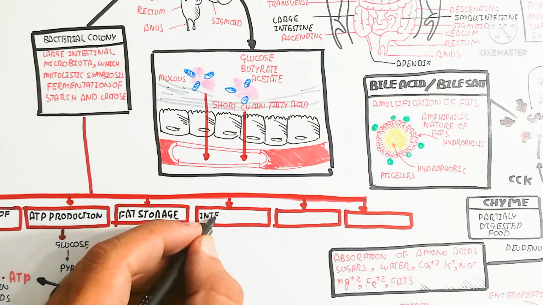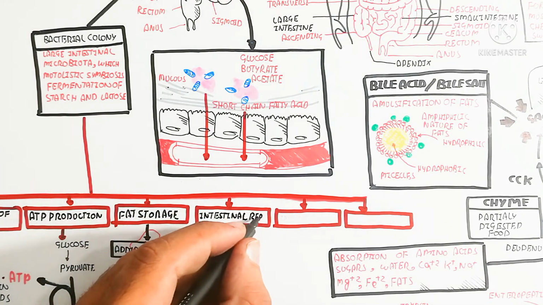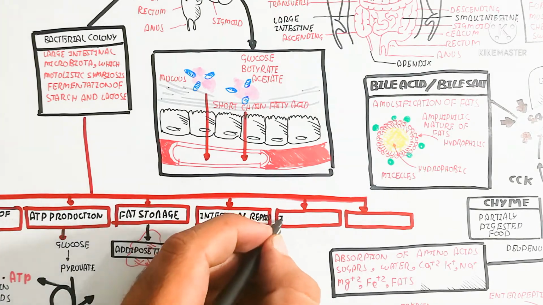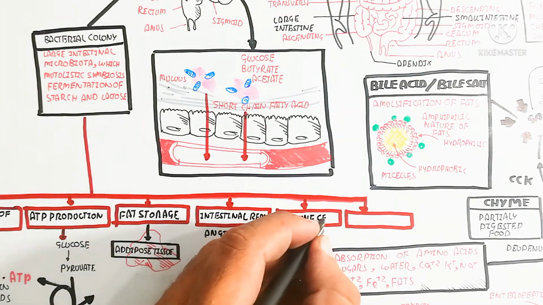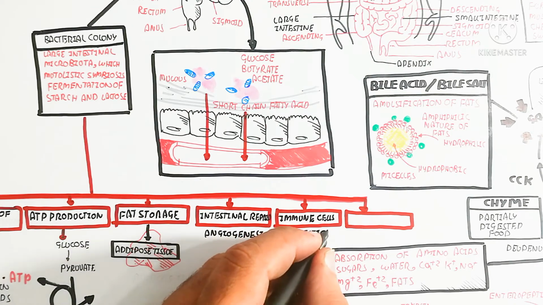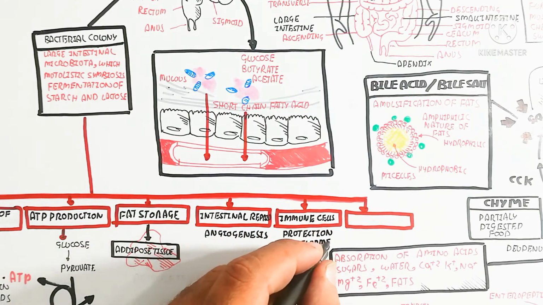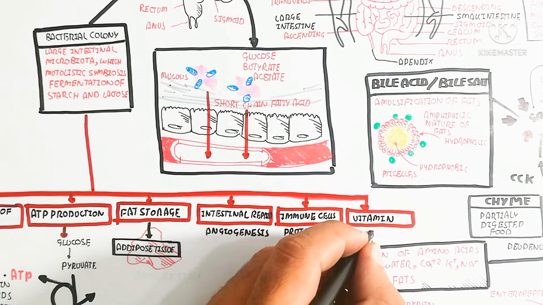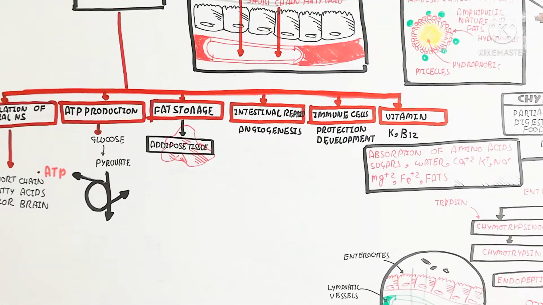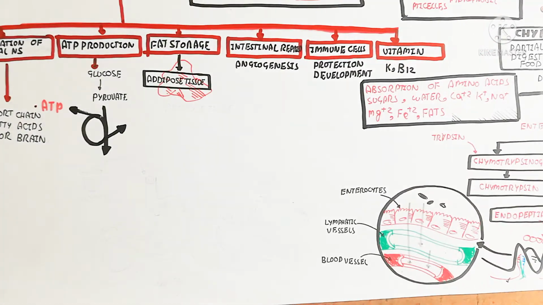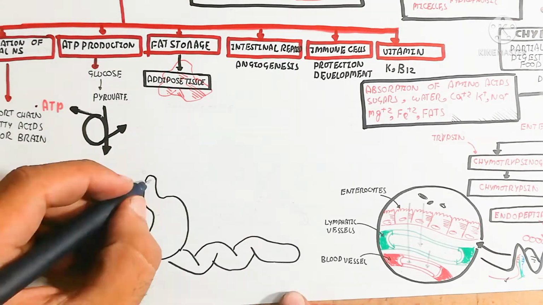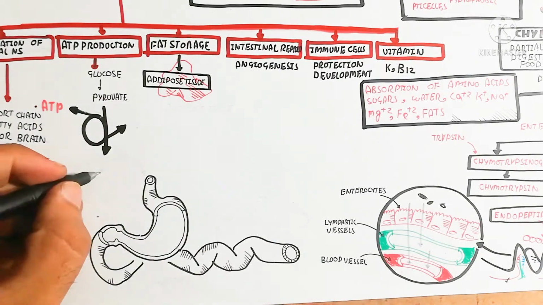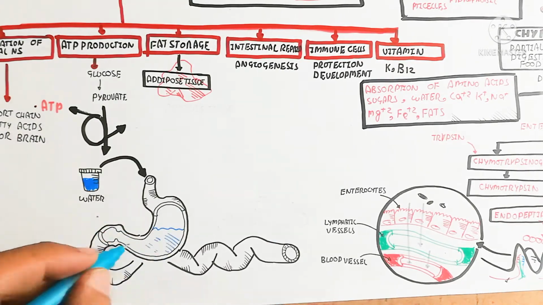One more thing is the intestinal repair mechanism. In this way angiogenesis occurs in the intestine due to blood vessel increase and repair. The immune cells provide protection and development, and vitamin K and vitamin B12 are also produced by the microbiota.